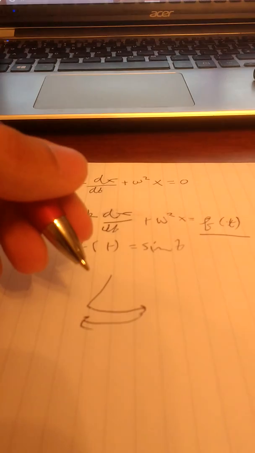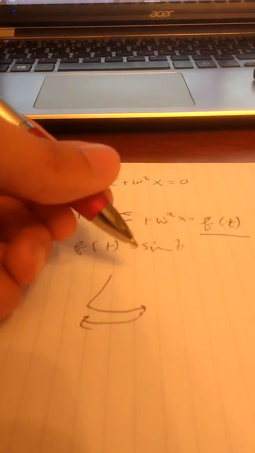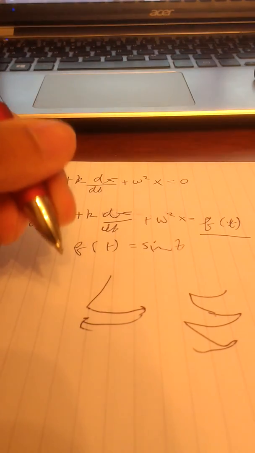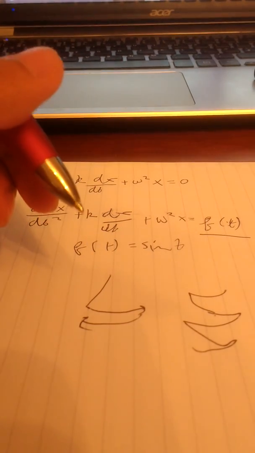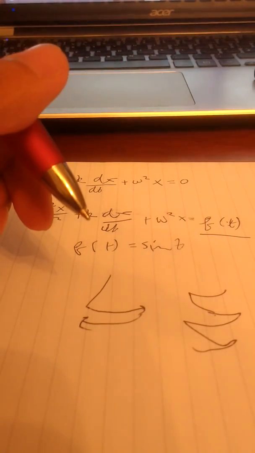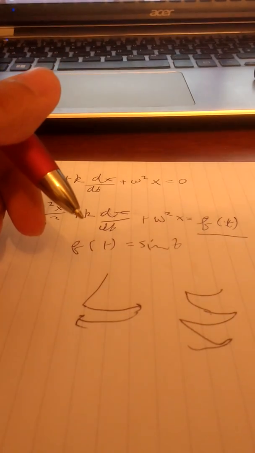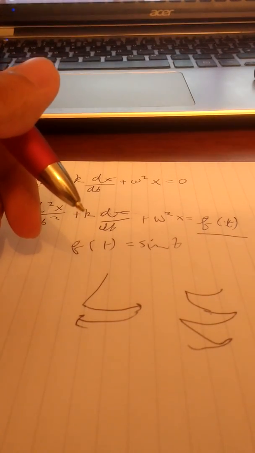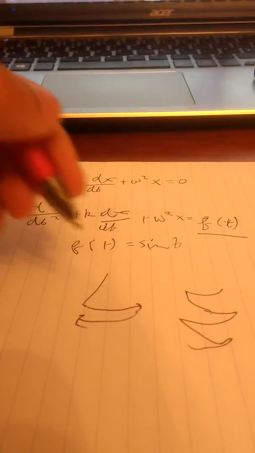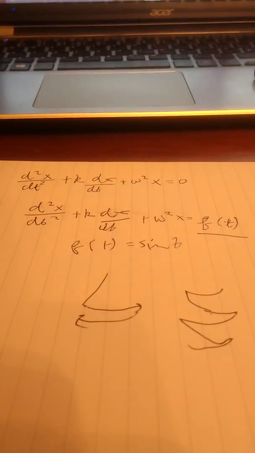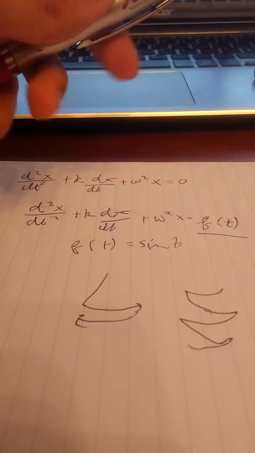But when it gets much greater than the resonant frequency, then the system's going backwards and forwards so frequently that it can't keep up, and this causes quite a lot of problems with the amplitude increasing so violently. And obviously this causes problems with bridges and stuff if it's oscillating so much that it effectively destroys itself.